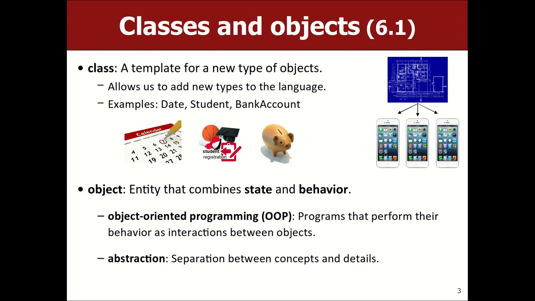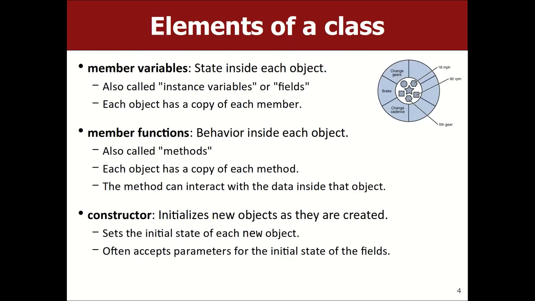Okay, so let's look at some of the components of how you do classes and objects. Inside of a class, you describe the stuff that every object of that type should have. You describe its data. The data inside of a class is called member variables. Sometimes called instance variables, that's what they might have called it in your 106A class. Sometimes called fields, etc. This is the data that every object will store.